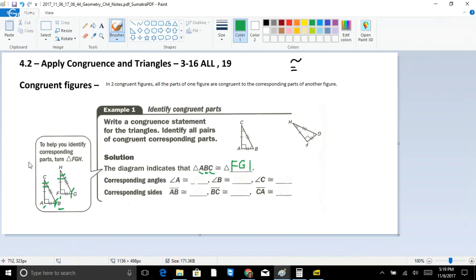So triangle FGH. This is a true statement. In the diagram, we can say that triangle ABC is congruent to triangle FGH. So just be careful that you don't randomly say, well, I know it's that, so it's congruent to HFG.